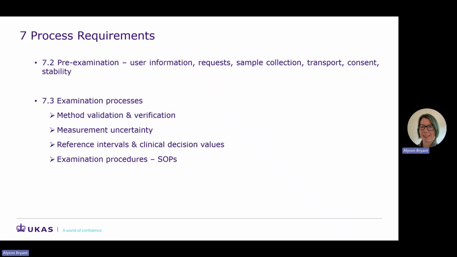Where appropriate, measurement uncertainty has been defined, that there are appropriate reference intervals, clinical decision values in place for each of the tests, and there are SOPs in place which actually tell the staff what to do and how to do it.